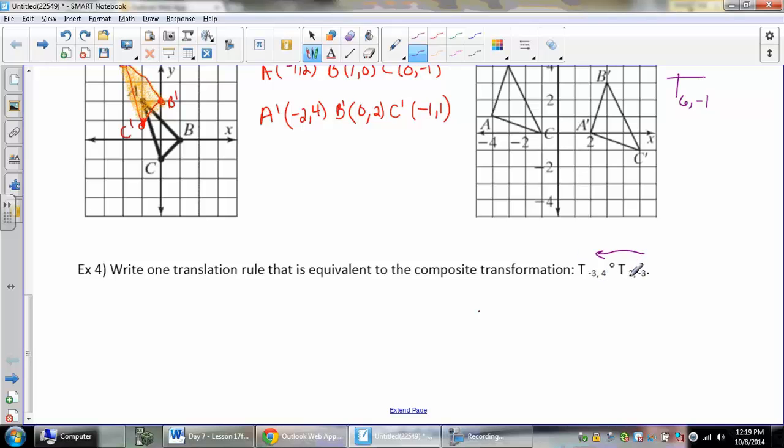So if I went right 2, down 3, and then went left 3, up 4, what's my net difference? Well, I went right 2 and then left 3. I really moved to the left 1 from my original position. 2 plus negative 3 is negative 1. And then down 3 and up 4 really just went up 1. 4 plus negative 3 is 1.